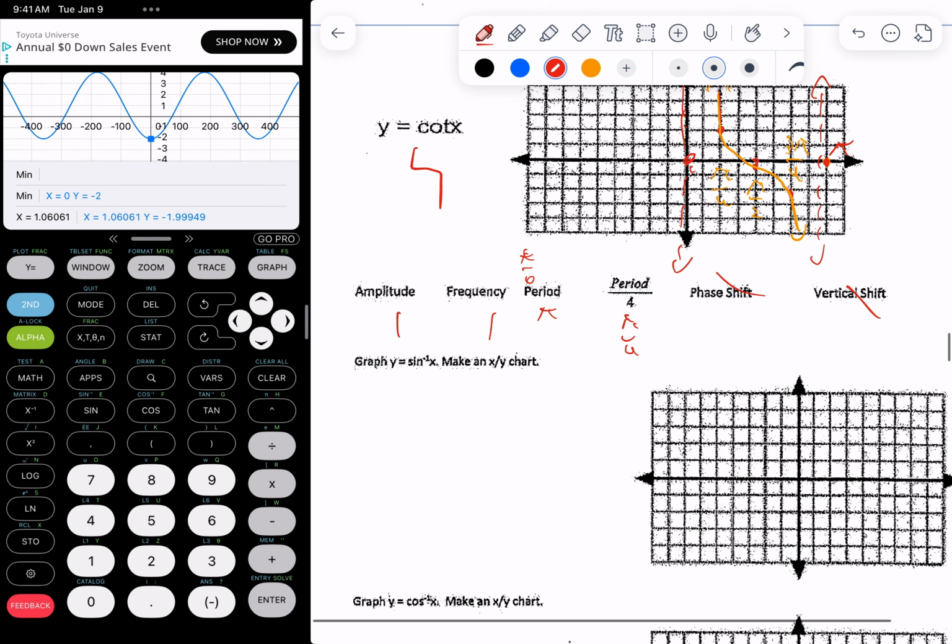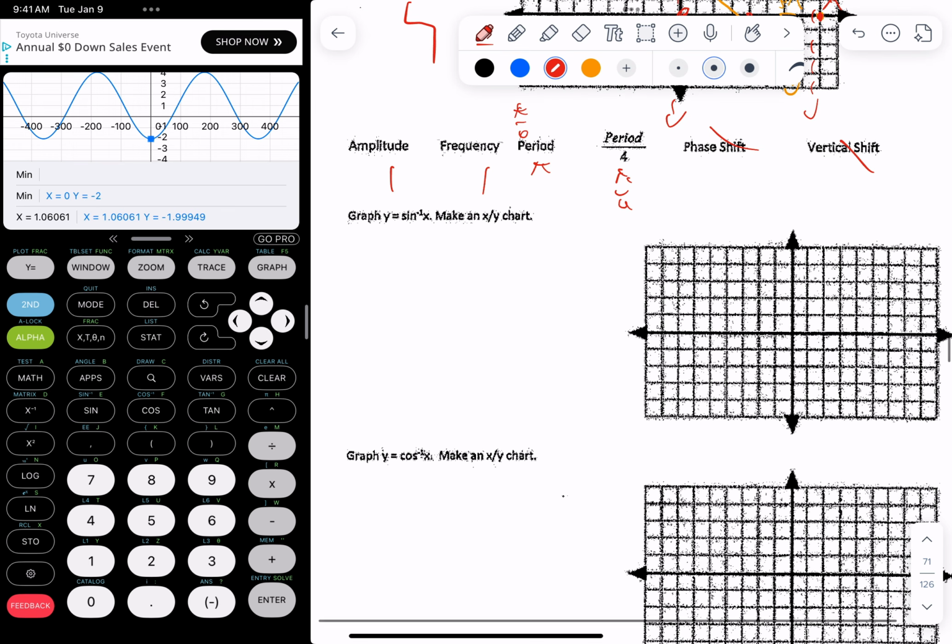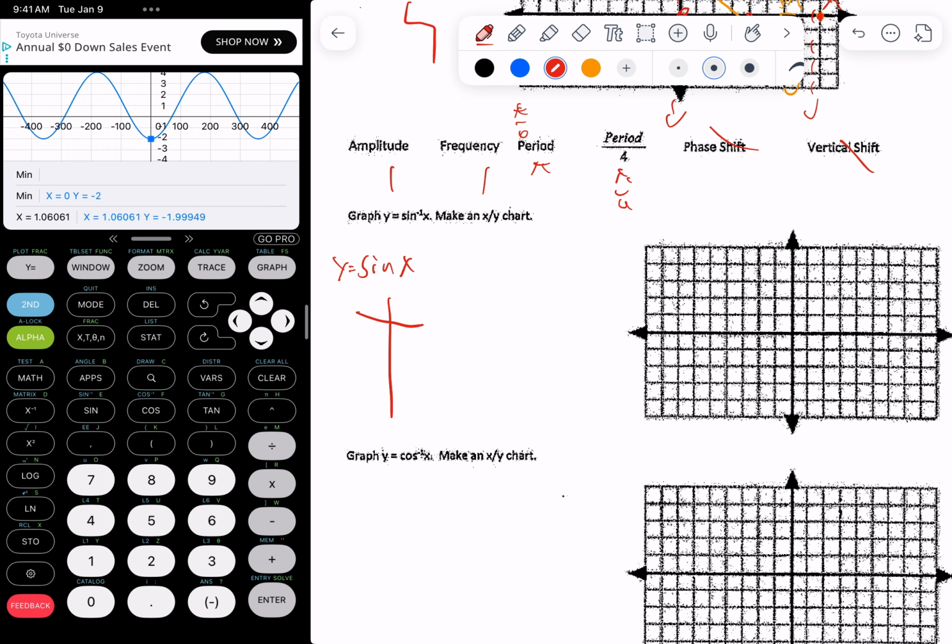Awesome. Now, graph sine inverse of x, make an xy chart. So first let's start with y equals sine x. The way we're going to do that is, again, you can also use your calculator. So we have a chart here, x and y. We're going to start with the y part over here. So it's negative pi over 2, 0, pi over 2.